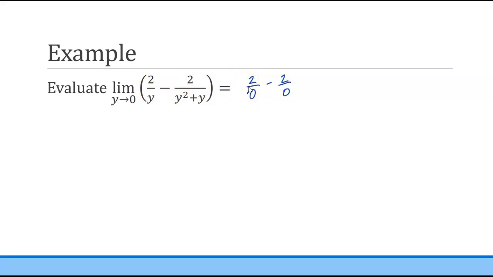So what we might try to do at this point, once we establish that we're thinking about a vertical asymptote potentially happening there when I see that 2 over 0, is think about what happens from each side of 0. So what's happening on the right side of 0?